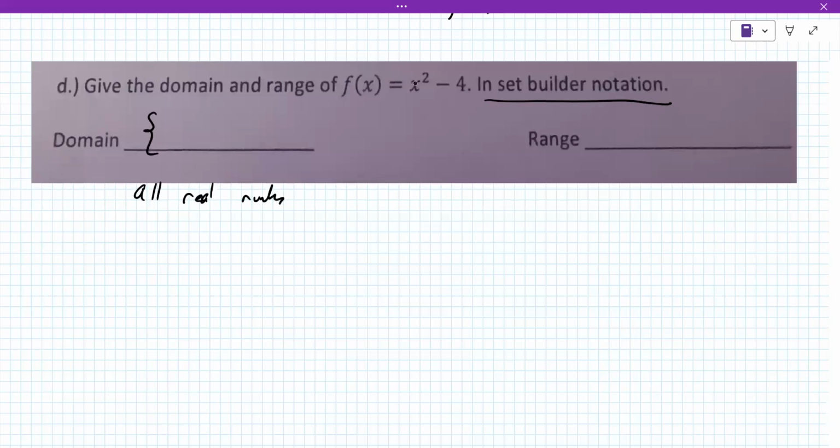So it's the curly brace, x, the vertical bar, x again, element of the real numbers. That means all real numbers. You have to memorize that and not be surprised when they ask you to do that.